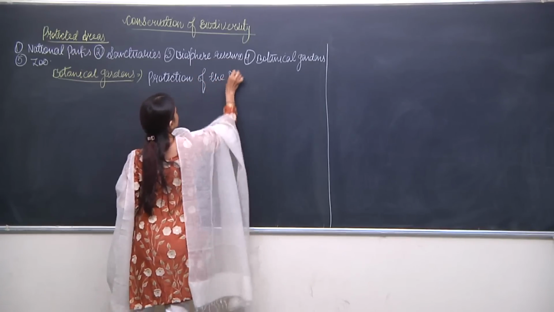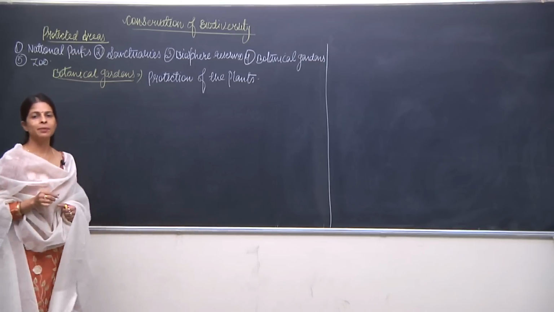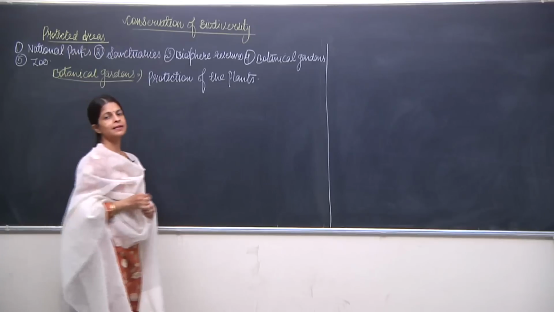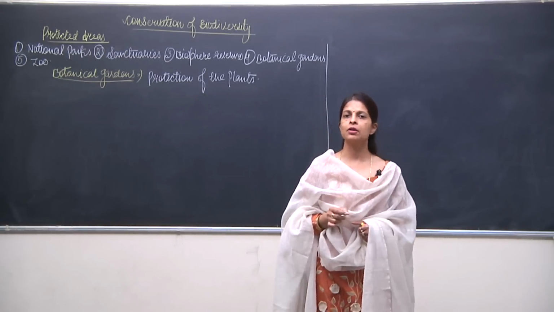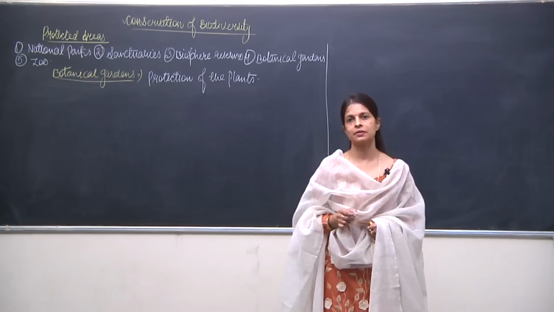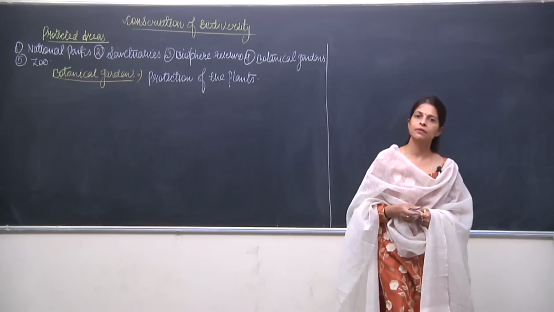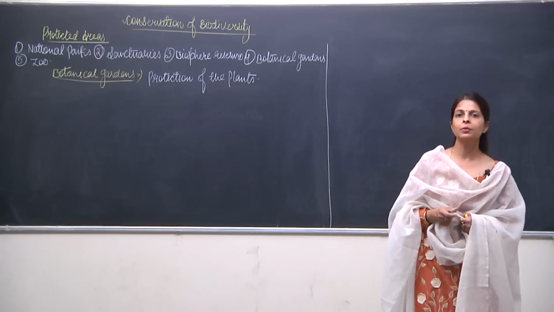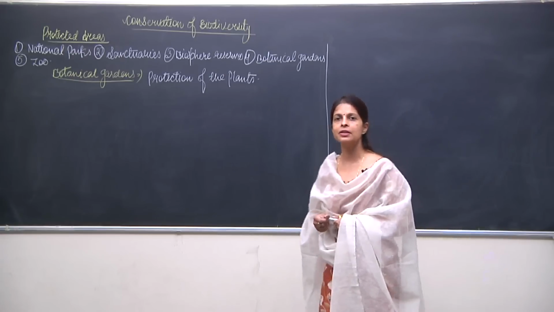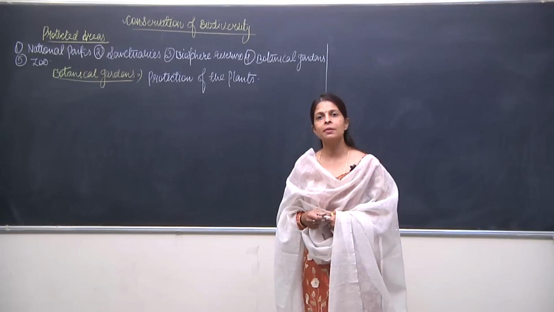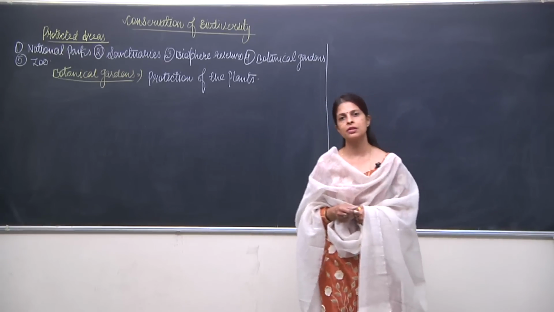Now, which kind of plants are protected over here? Basically the rare plants or even the threatened plants. We are very clear that not only animals or species of animals are getting extinct from the surface of the earth, but there are many plants which are also getting extinct.